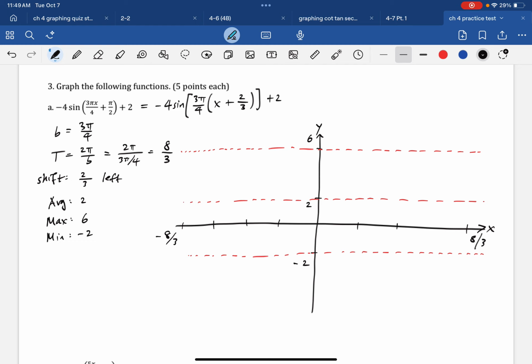So I'm going to split each period into 4 sections by drawing 3 different tick marks. And then I'm going to label each tick mark. Each tick mark comes in intervals of 2/3, because that's a quarter period. So this is 2/3, that's 4/3, next one is 6/3, which is also 2. And I can do the same on the negative side.